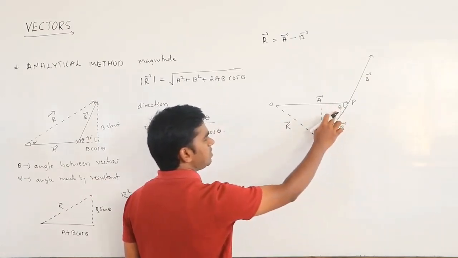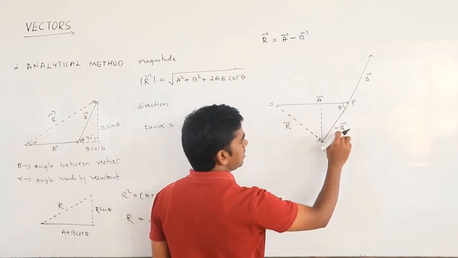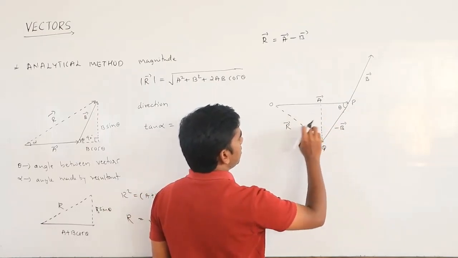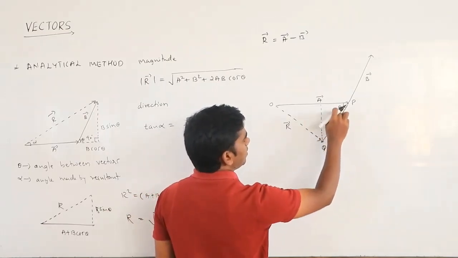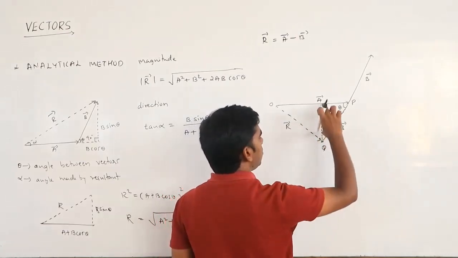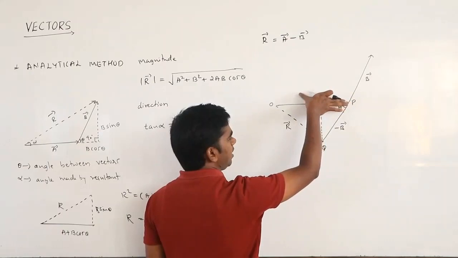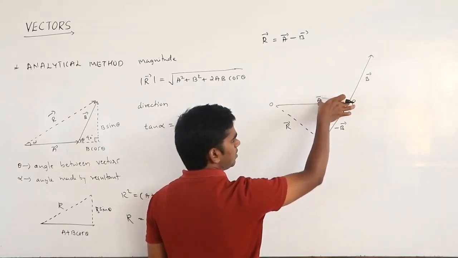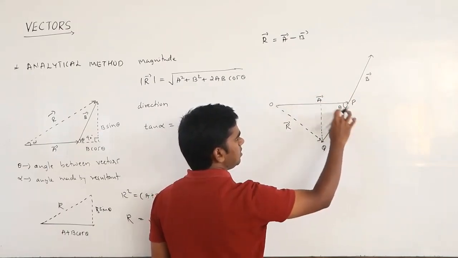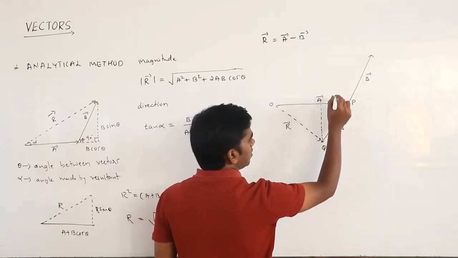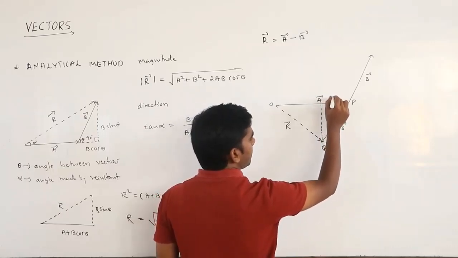If this is theta, what about this one? This total is A. This is going to be minus B. So this will become B cos theta.